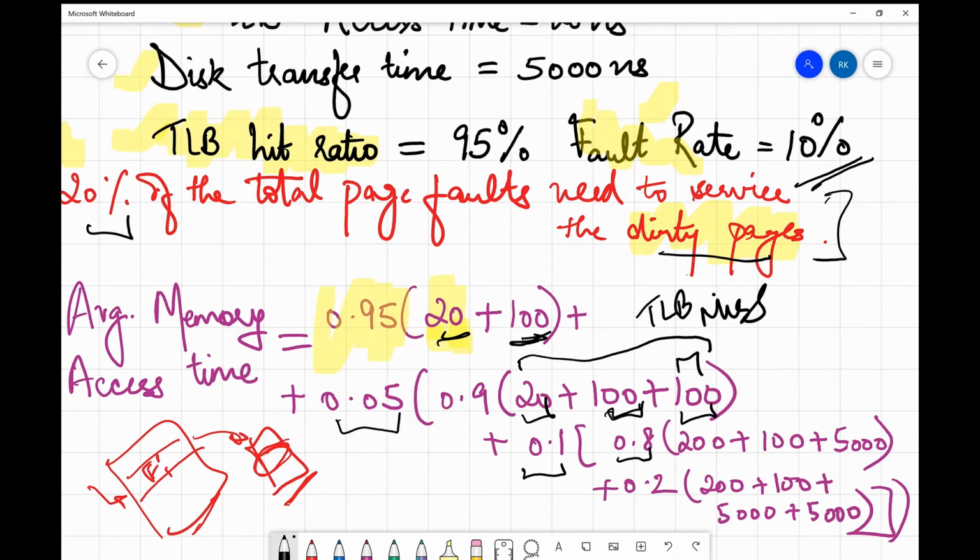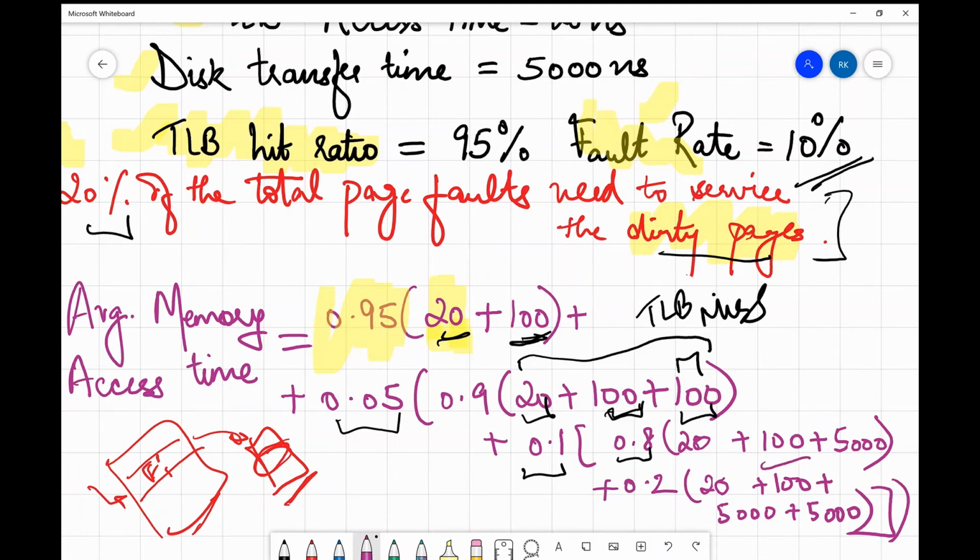Obviously, we would have first searched the TLB, and a TLB miss occurs over there. Then we would have gone to the page map, right?